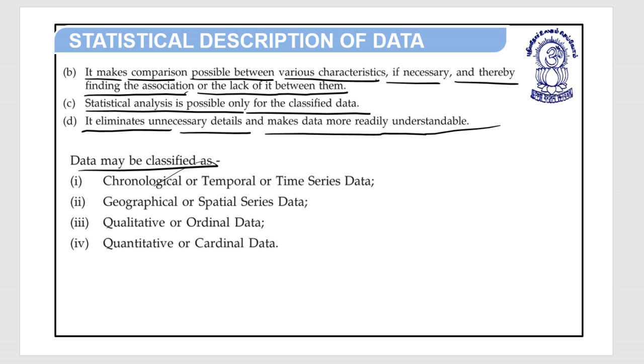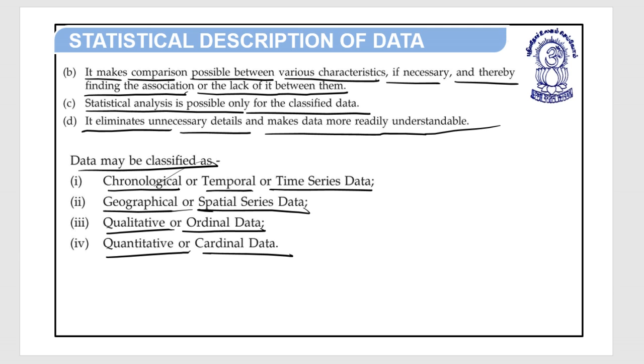Data may be classified as chronological or temporal or time series data. Second one, geographical or spatial series data. Qualitative or ordinal data. Quantitative or cardinal data.